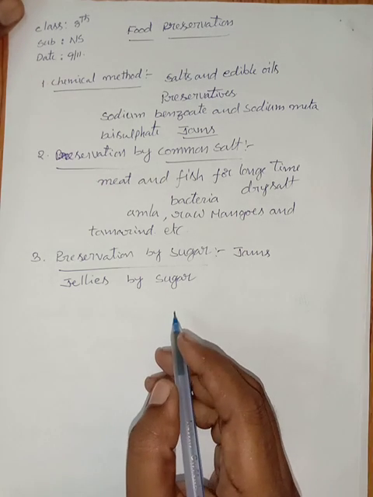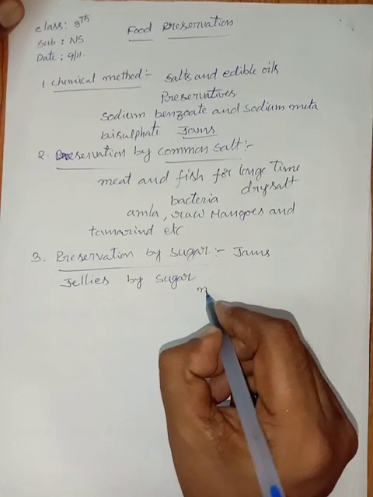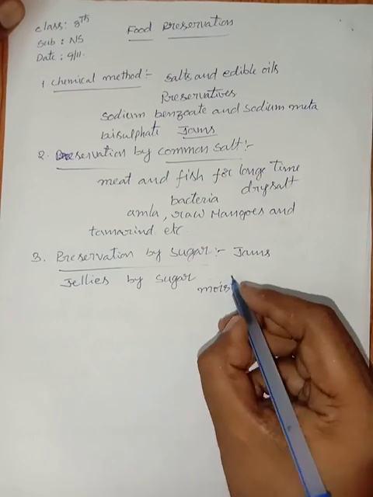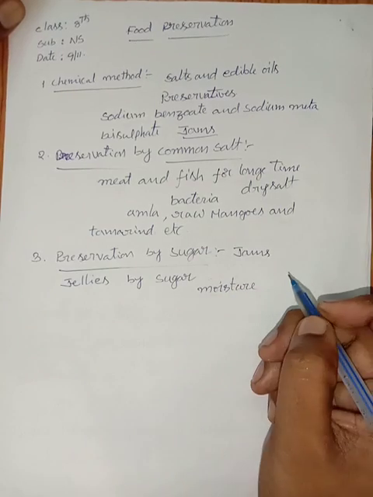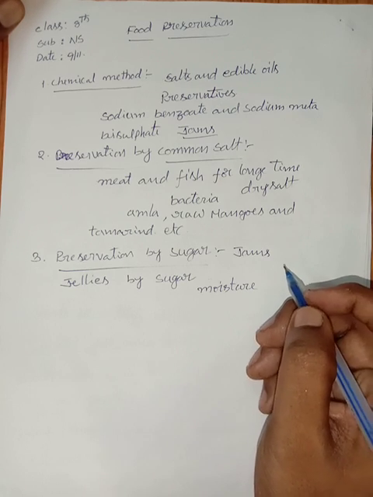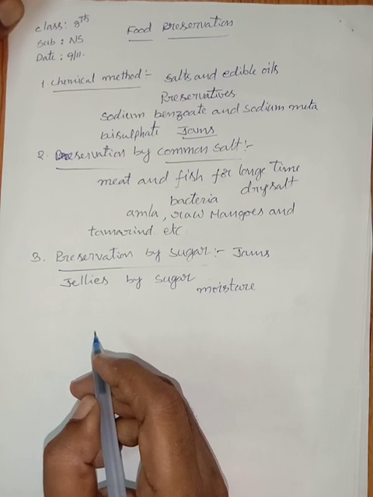Sugar reduces the moisture content, which inhibits the growth of bacteria which spoil food.